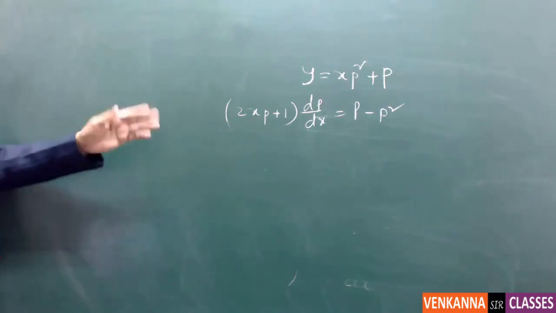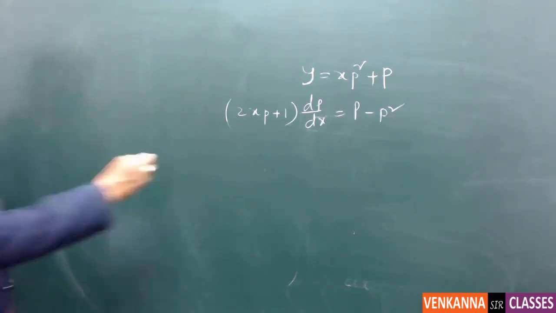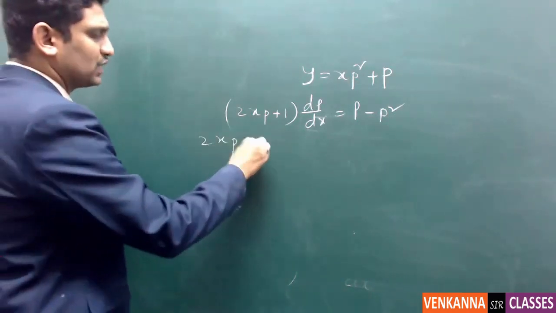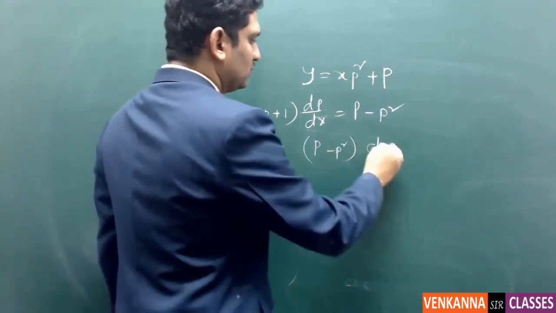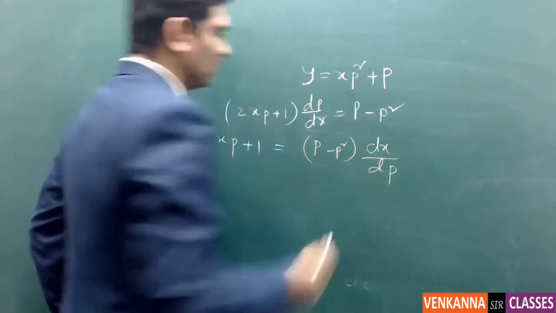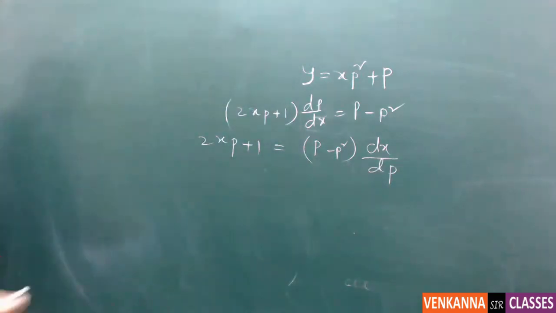So let us take dx by dp on both sides. So 2xp plus 1 is equal to p minus p square into dx by dp. And then we are going to simplify that.